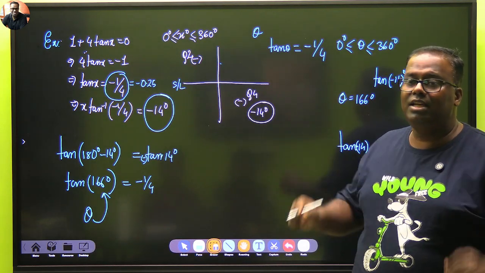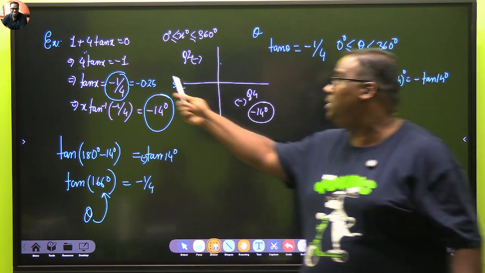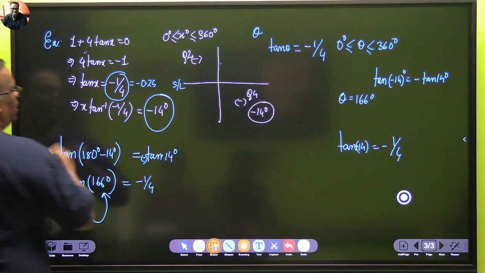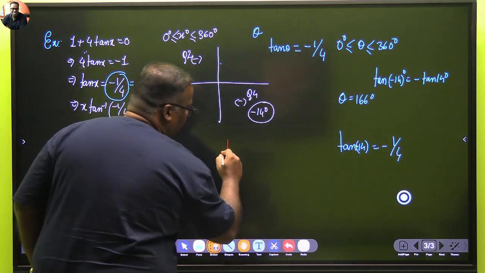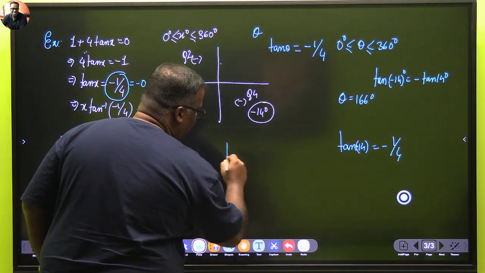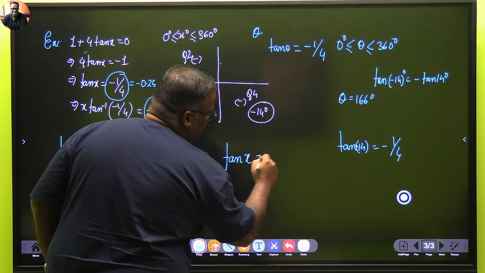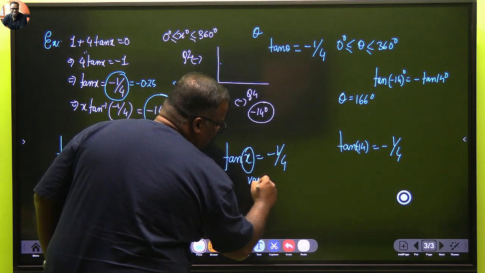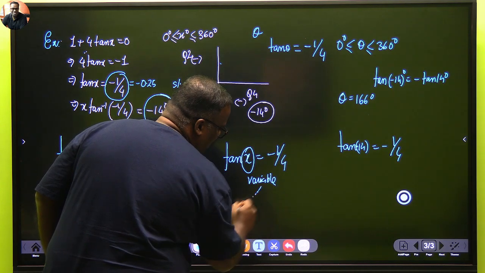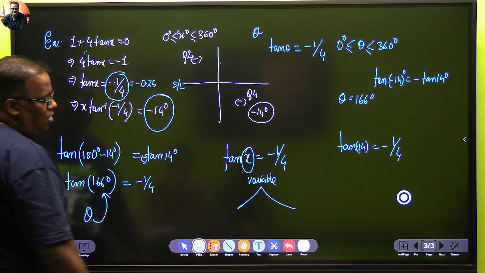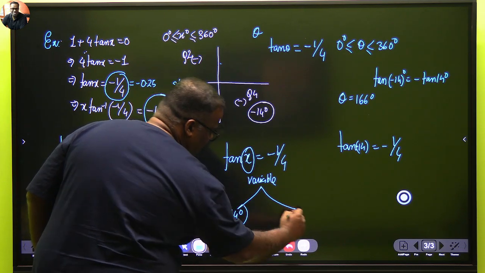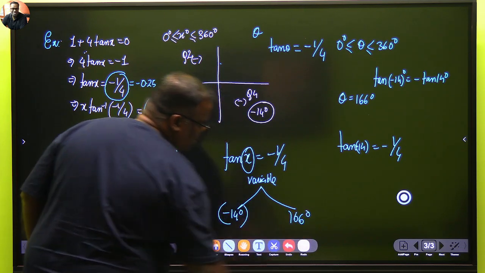Fetch me the angle such that tan of that angle is minus 1/4. Look at this statement: tan of x is equal to negative 1/4. What is x? X is a variable. It will have two values. One value our friend has said, minus 14 degrees. I am saying the other value is 166.